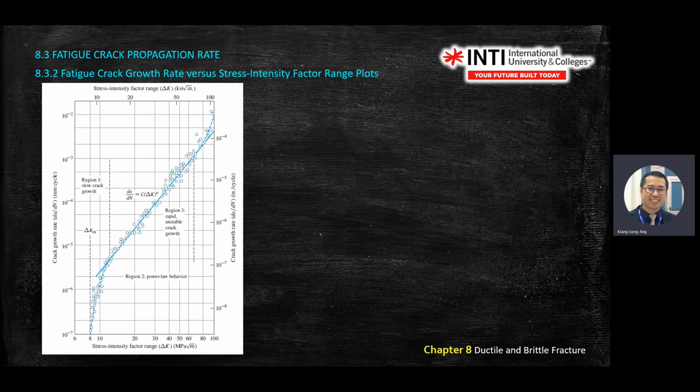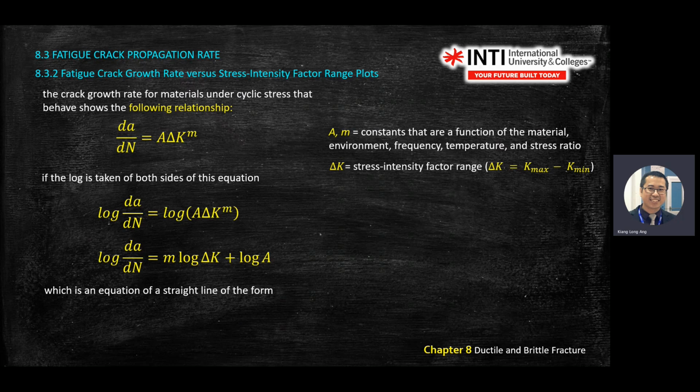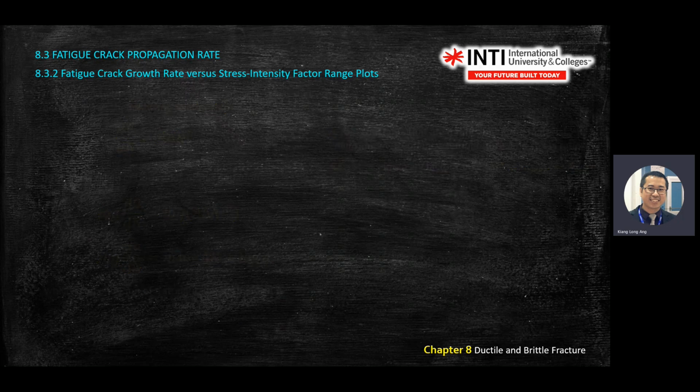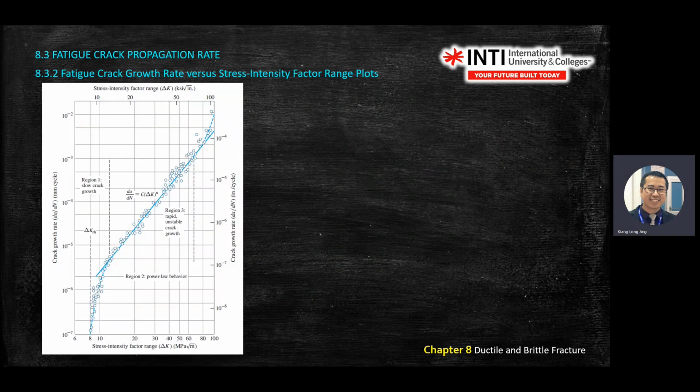So this is the industrial plot or the industrial graph. It looks a bit complex, but again, on the left-hand side is your y, like the equation just now. Your y is dA/dN, but in the log form. So on the y-axis is the crack growth rate, dA over dN. Your x-axis is your delta K, stress intensity factor range.